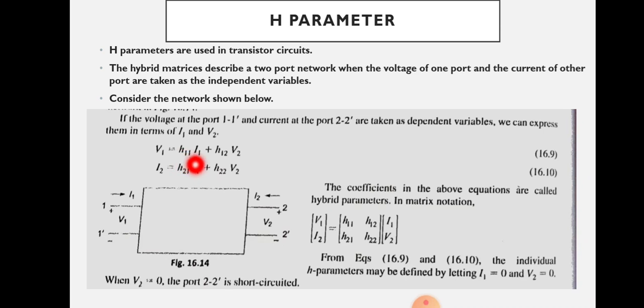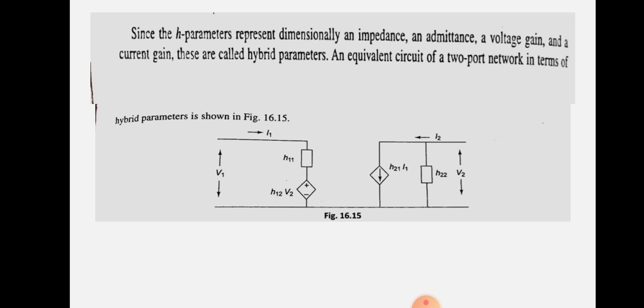So this represents a dependent current source, and the other term is the product of voltage and admittance, that is V2 and H22. We can represent H22 by a rectangular box.